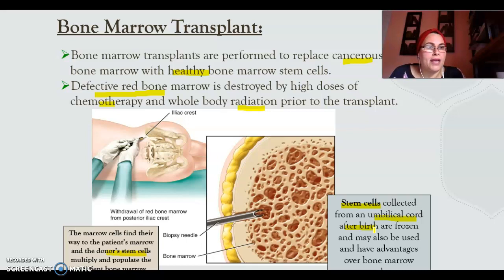So we won't have a long waiting time waiting for a matching bone marrow with the patient. Also, it's easy to get just after having the consent of the parents. And it's easy to be kept for a long time. They are frozen for a long time in specific banks and used for transplant of healthy cells instead of the cancerous ones.